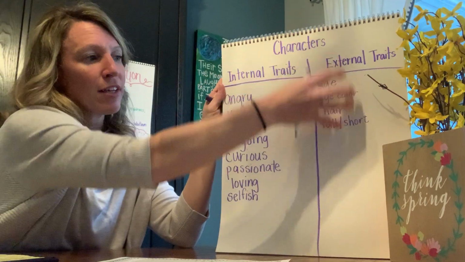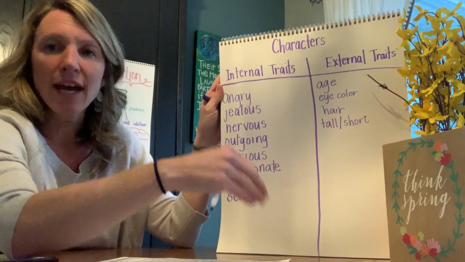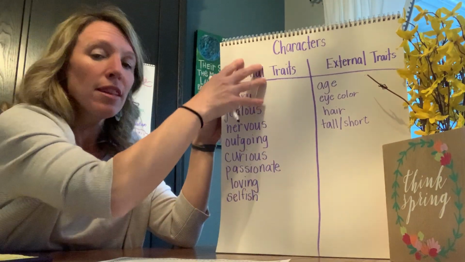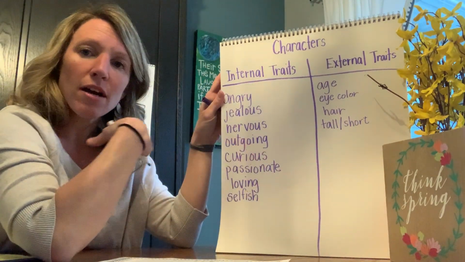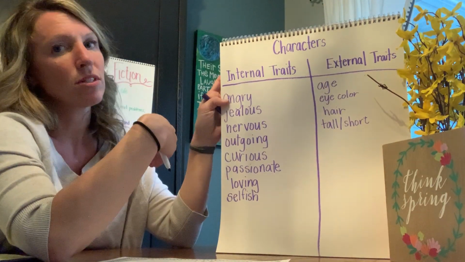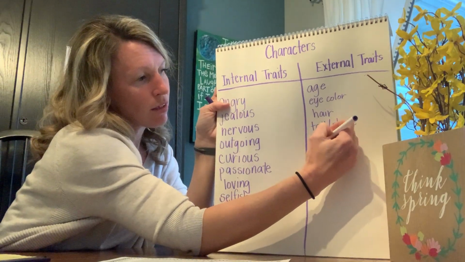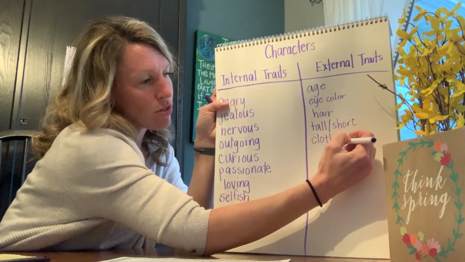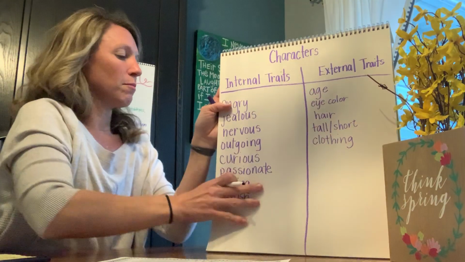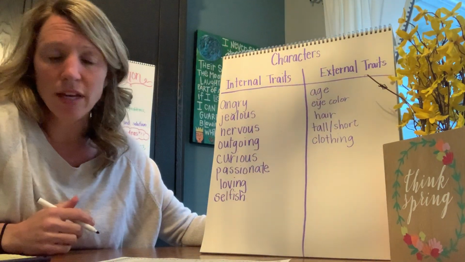So this is the picture of what your character looks like on the outside. The internal traits are who they are on the inside and the feelings and the emotions that come along with it. So I'm also going to put clothing. You could describe quite a few things in great depth so the person can really visualize your character.